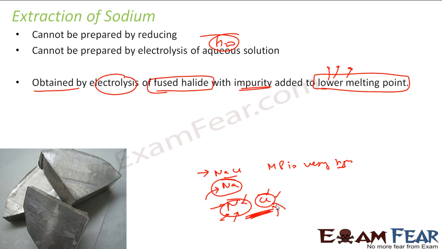It's very difficult to tackle sodium and chlorine at such a high temperature. That's why we add impurity to lower the melting point. What we do is we add 40% sodium chloride and 60% CaCl2, calcium chloride. With this, the temperature is reduced and then we extract sodium.